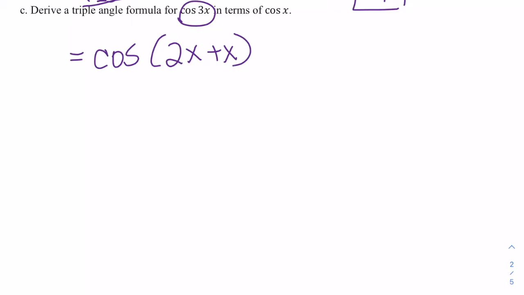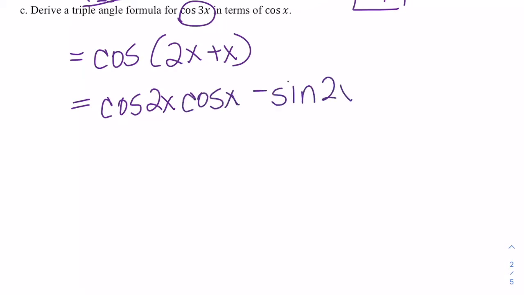I've covered the double identities, so now let's actually derive the triple angle formula and write that in terms of cosine of x. And we can rewrite cosine of 3x as cosine of 2x plus x. And now using the sum identity, this can become cosine of 2x cosine of x minus sine of 2x sine of x.